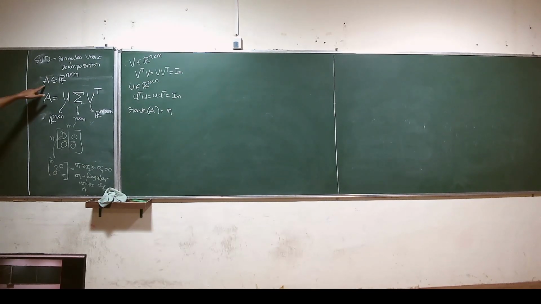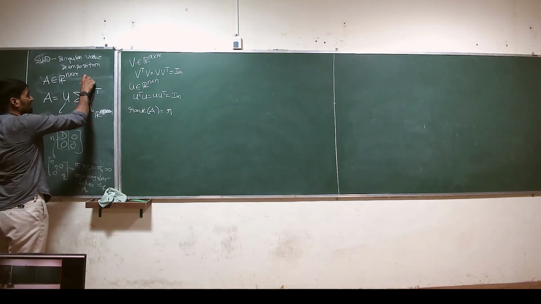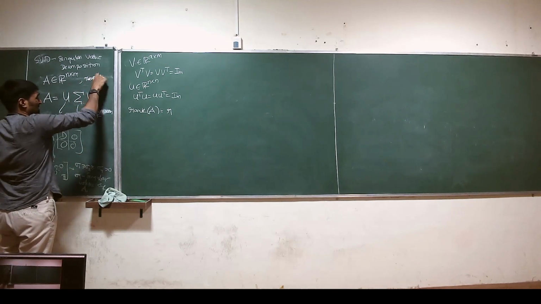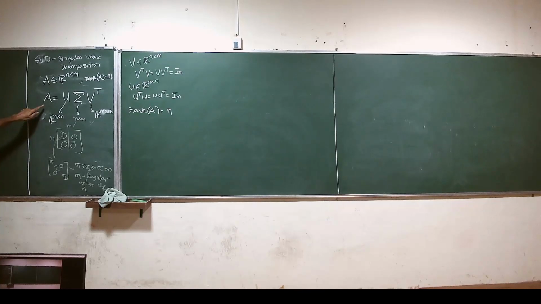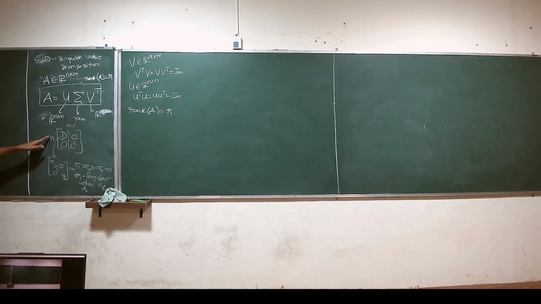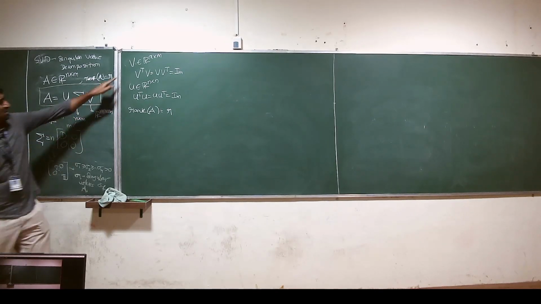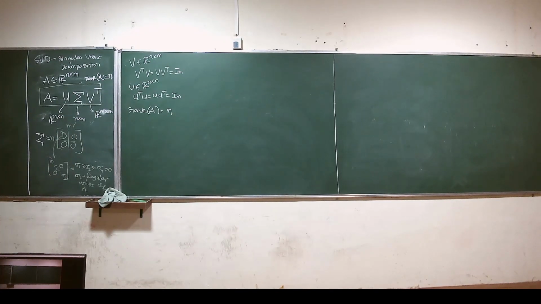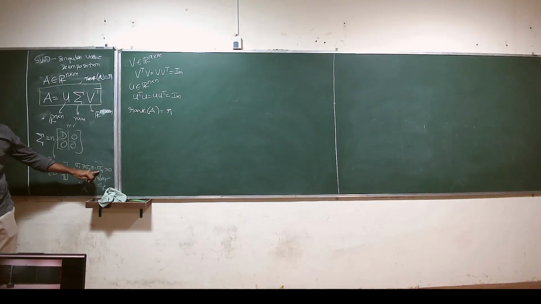Okay, so now if you have a matrix A that is an n cross m matrix with rank r, then the singular value decomposition of this matrix A is this. Right? This is sigma. This is your V, this is your U. Okay, and an important thing to note is your singular values are always positive numbers.